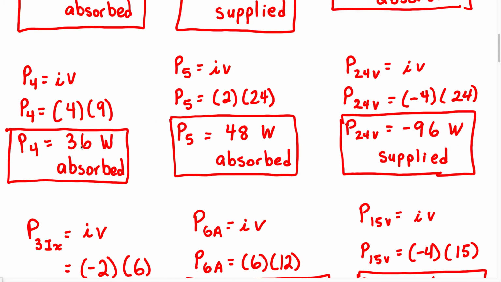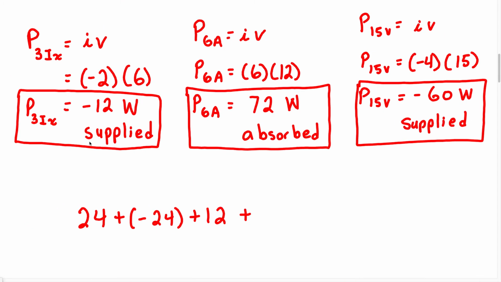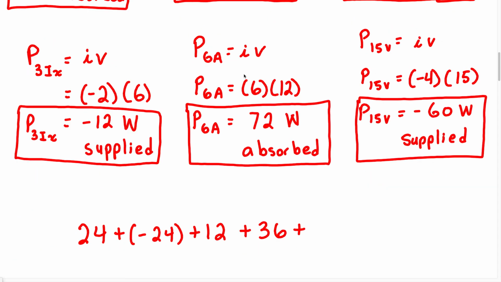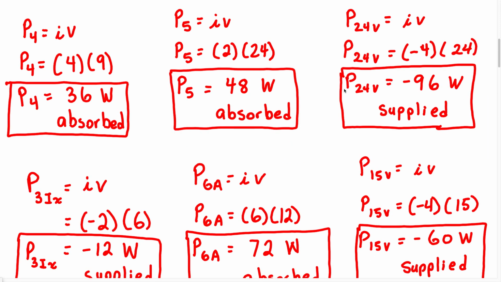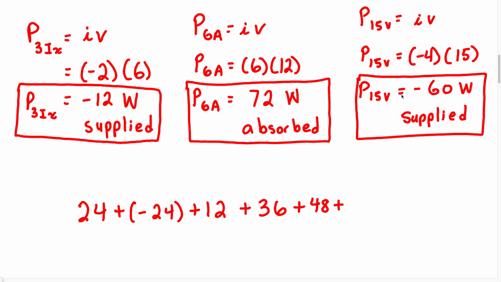Now we have plus 36 watt, plus we have 48 watt from the fifth element, plus -96 watt from the 24 volt source, plus -12 watt from the dependent source.